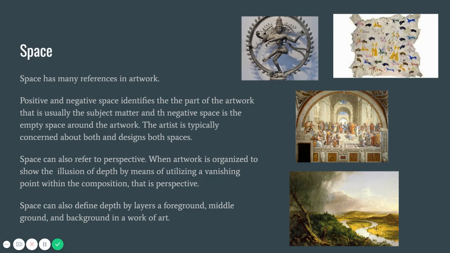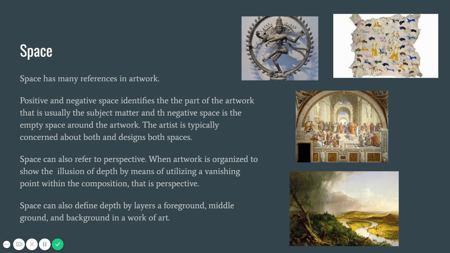and that gives an illusion of depth and space. The last way to work with space in an artwork, and also to give this illusion of depth, is to work in layers called a foreground, a middle ground, and a background.